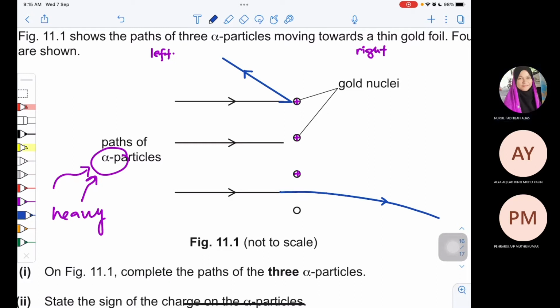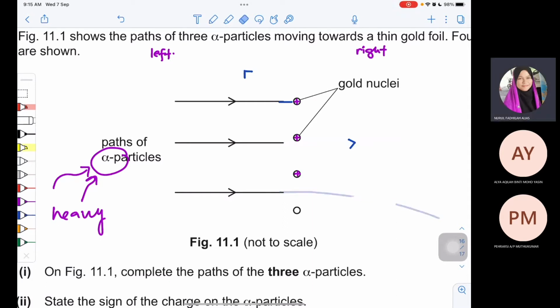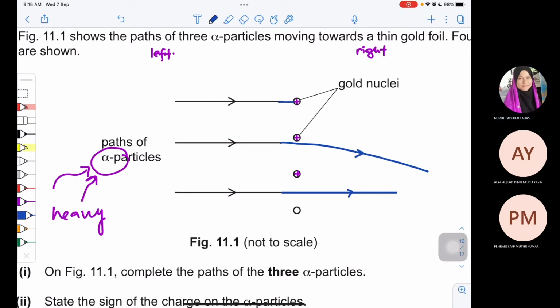Lagi. And straight on. So satu straight. Mana-mana boleh lah. Mungkin ada students yang dia buat macam ni pun boleh. So what I'm trying to show you is dia boleh mana-mana. Sama ada ini straight pun boleh. Yang ni ke bawah pun boleh. Yang ni sebab dia ke depan. Dan ni yang reflected back.